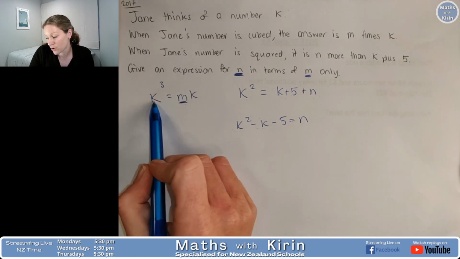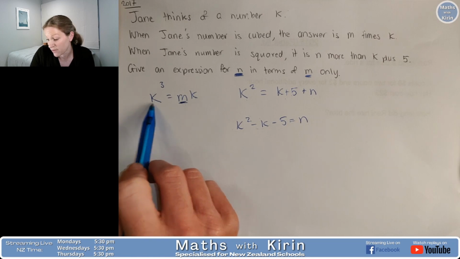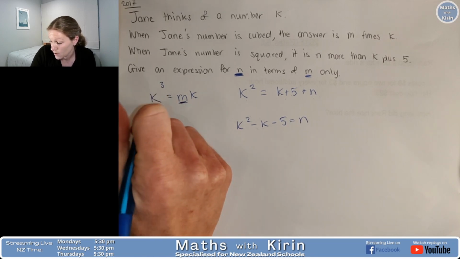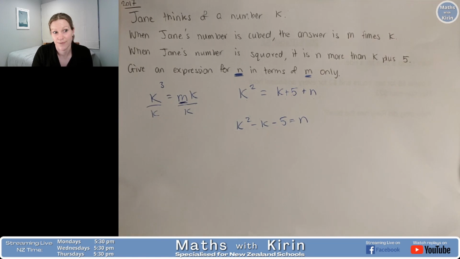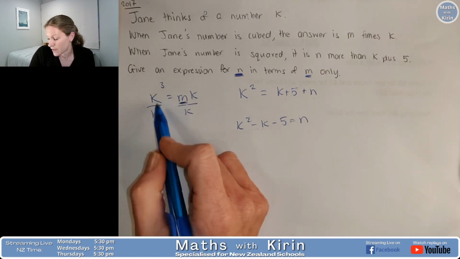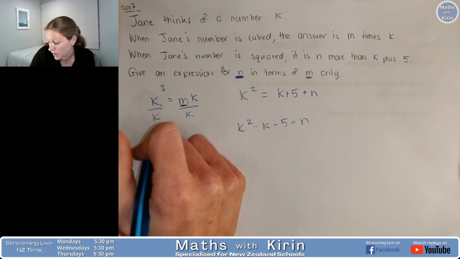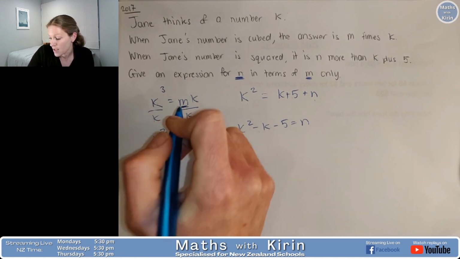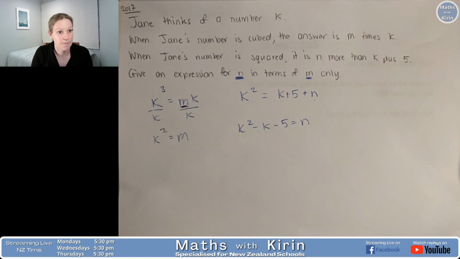So you'll notice you've got a common factor of k on both sides. So if we divide through by k, we have to do the same thing to both sides in order to get the equation to still be balanced, to still be equal. So k cubed divided by k is k squared, and mk divided by k is m.